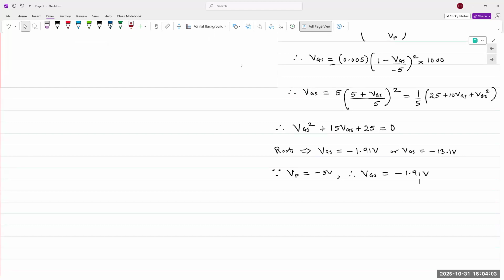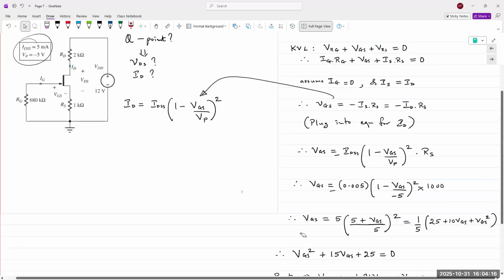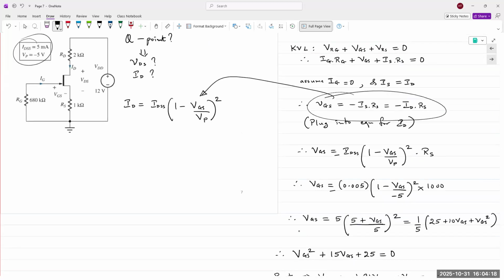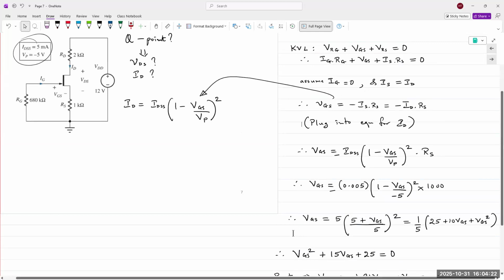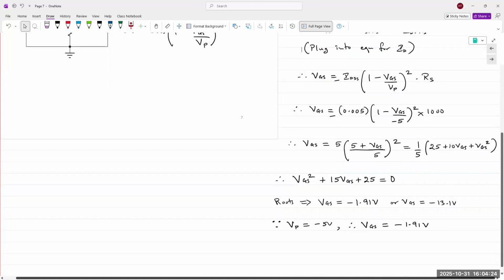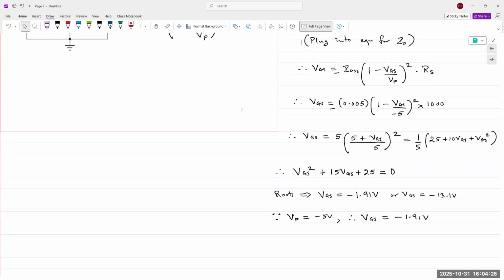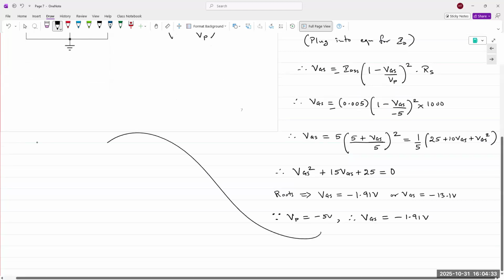So if VGS is 1.9, we can calculate ID from there, right? From the above equation, right here, VGS is minus ID times RS. So with 1.91 substituted in there, and we have the RS value that is already given to us, we can calculate.